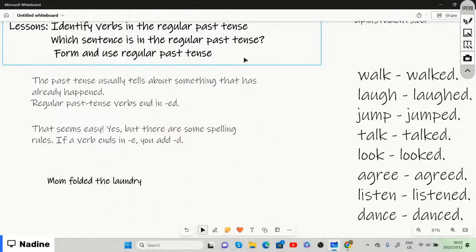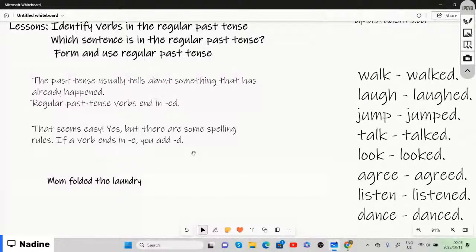So which means that if your verb ends in e, then you just add a d. But when it comes to the regular past tense verb, we basically add an ed to show the past tense, or we can just say our regular past tense verb ends in ed because it shows something that has happened already and that is in the past.